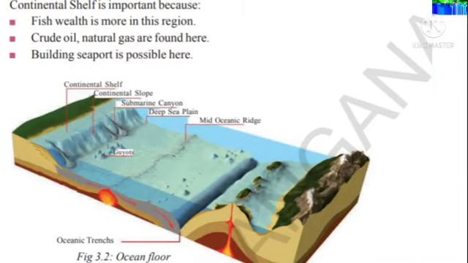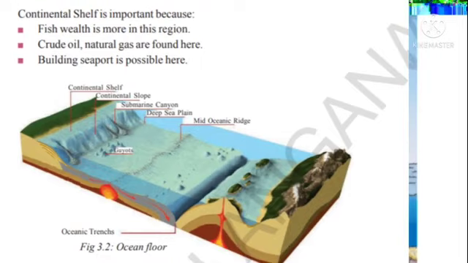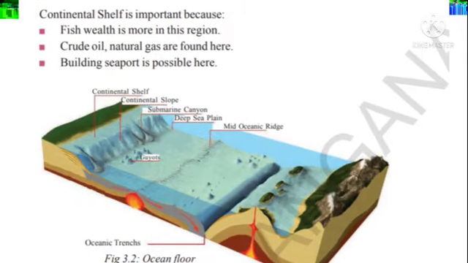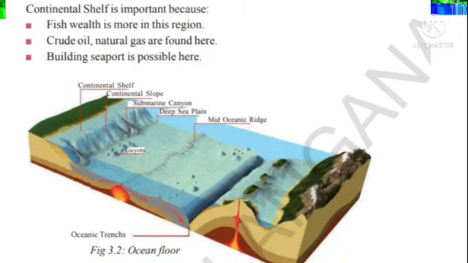Second one, continental slope. The continental slope is spread from 200 meters to 3000 meters depth with complex relief. It comprises of 15% of the ocean area. The continental slope boundary indicates the continents.